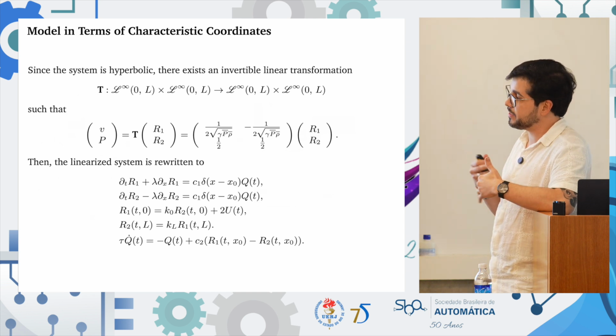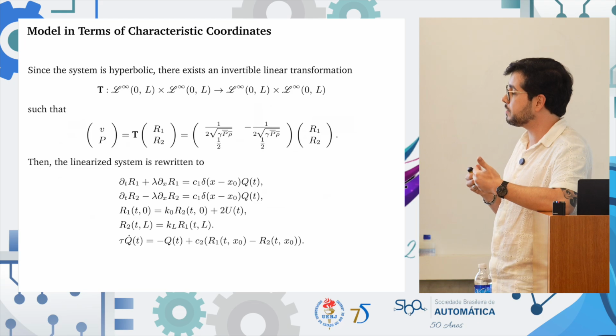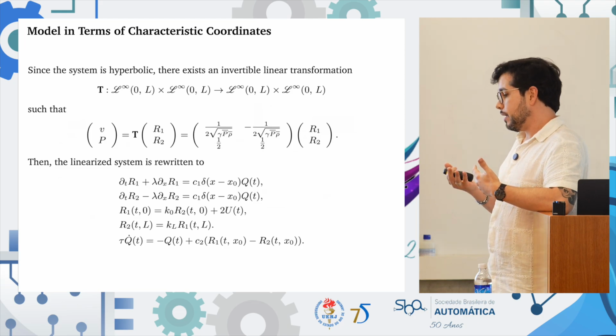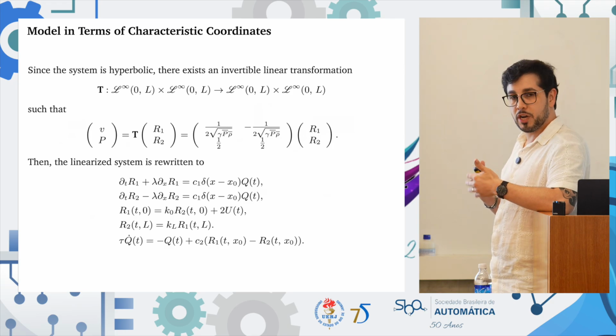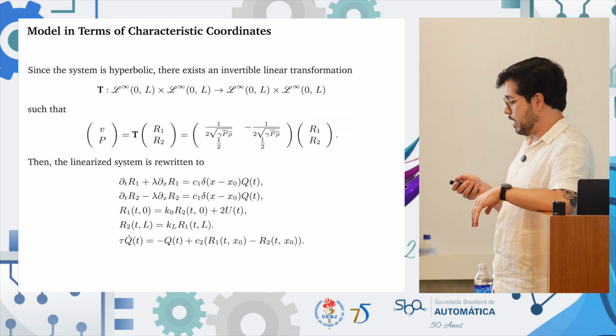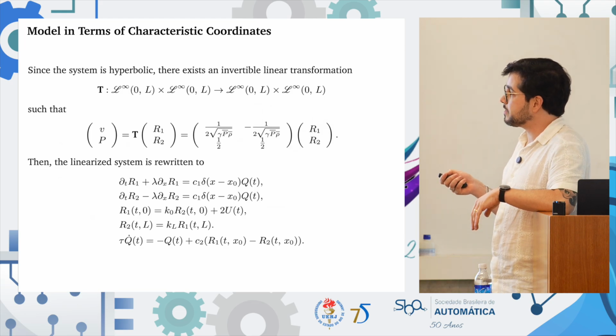So we lose the physical interpretation of the equations, but we gain insights about the stability of the system, because transport equations are simple to analyze and understand. Okay, so our states after this transformation will be a linear combination of pressure and velocity. Using this transformation, our system is rewritten in this form.